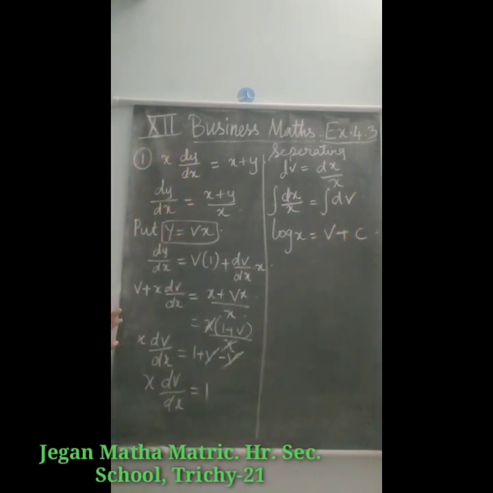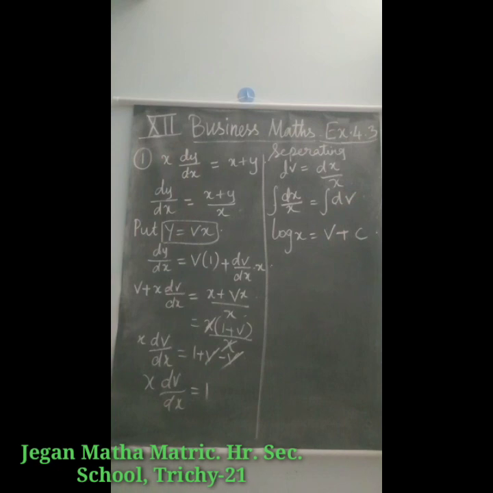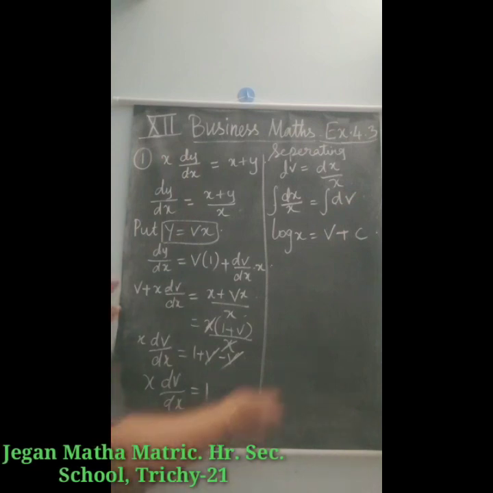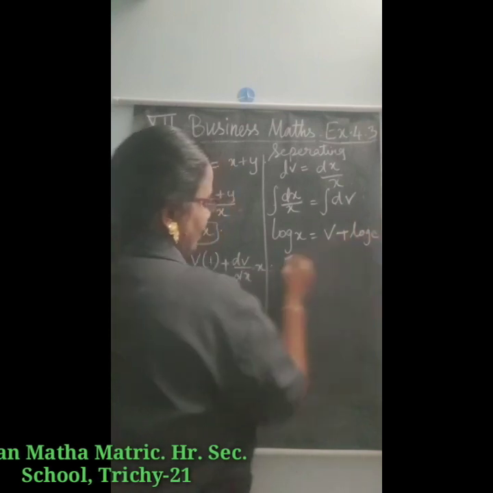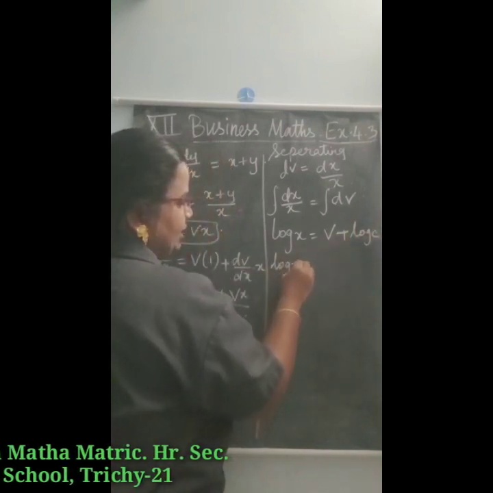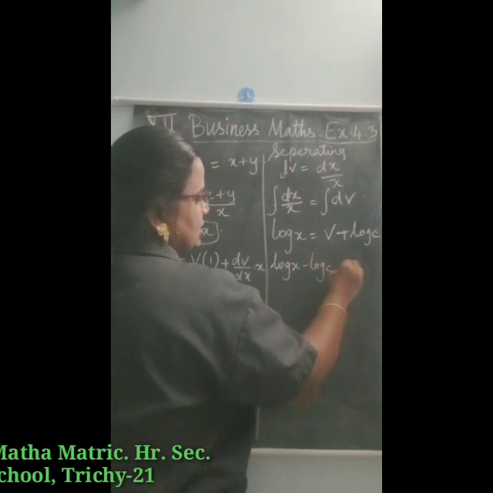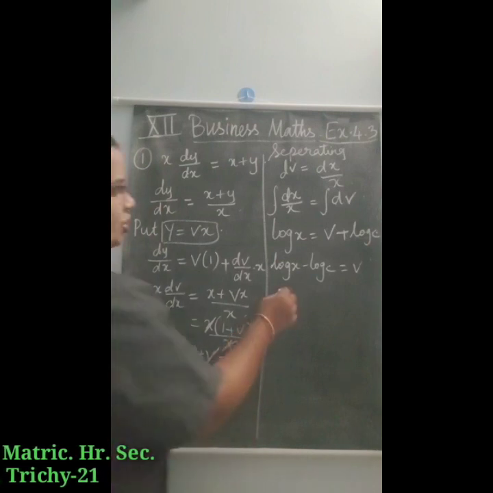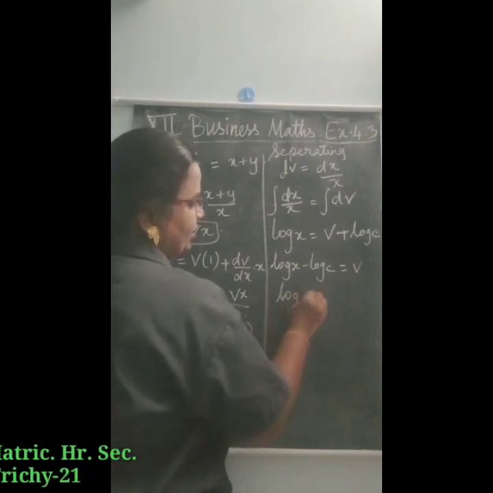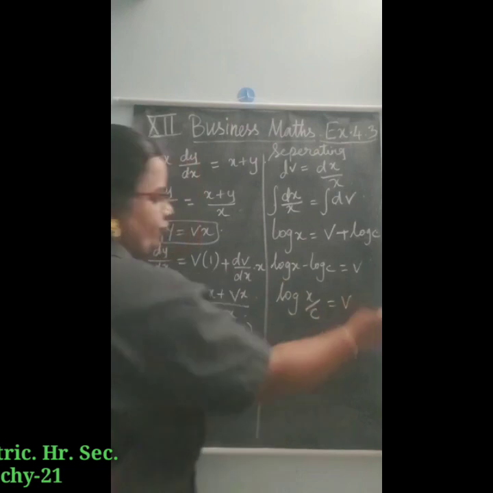And then we have to take that constant as log c, because log x is here. And log x minus log c is equal to v. And it is a subtraction, so we have to take division. So, log of x by c is equal to v.